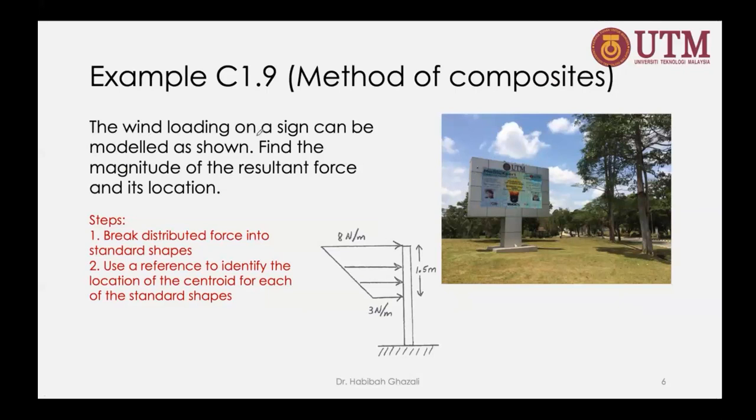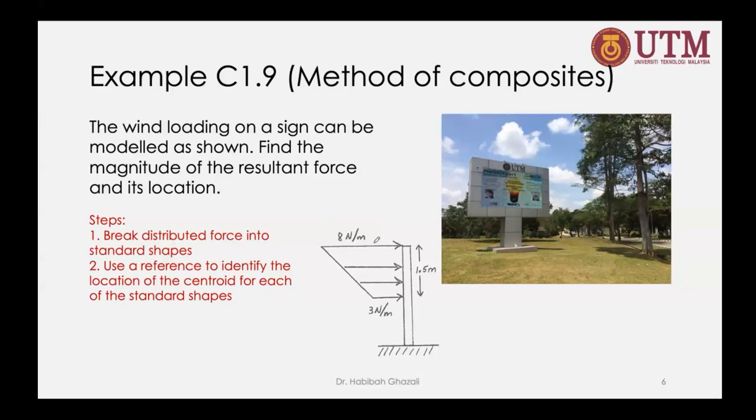If there's wind blowing on the sign, there will be wind loading on the side. So we want to model this, and I can model the wind loading on this side as looking like what I have here as the idealized model. You are asked to find the resultant force and its location.